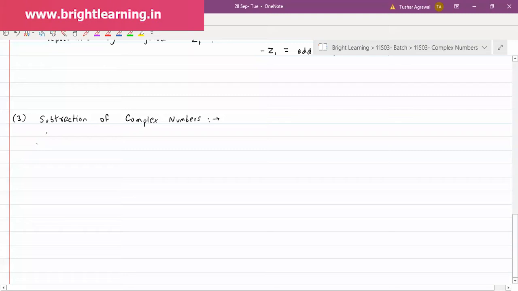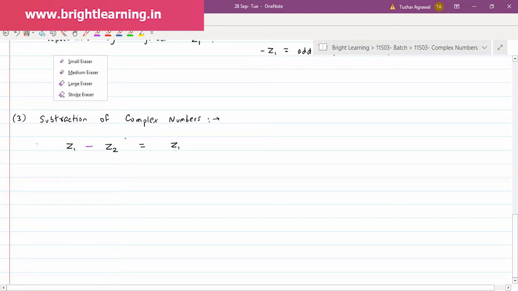Now z1 is given, z2 is given. Z1 subtraction z2. Now z1 and z2 you know, and you have to find this subtraction operation. Subtraction for z1 and z2 is defined to be equal to what? So z1, the first number, let it be as it is.